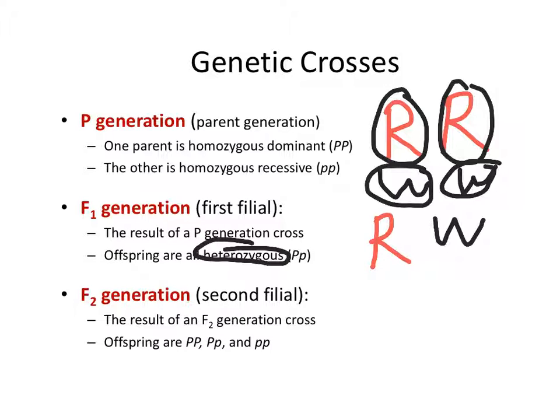If we were to then cross heterozygous flower color, in other words an R and a W, we would end up as follows.